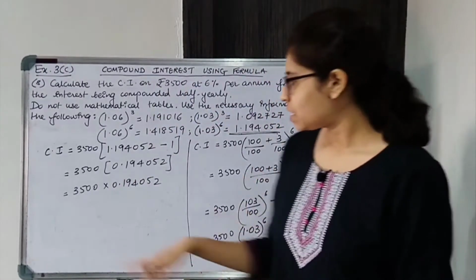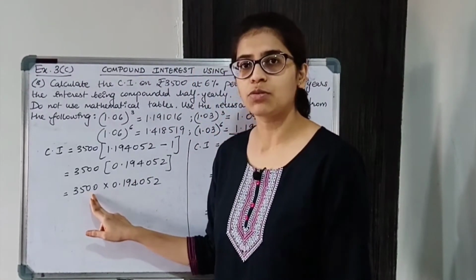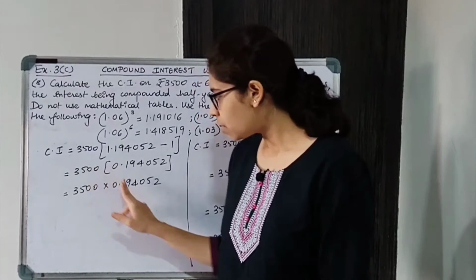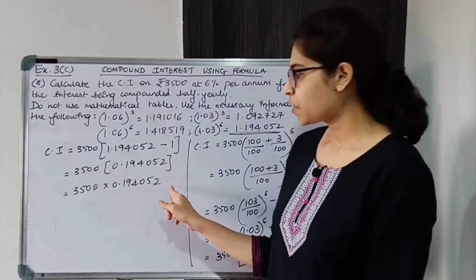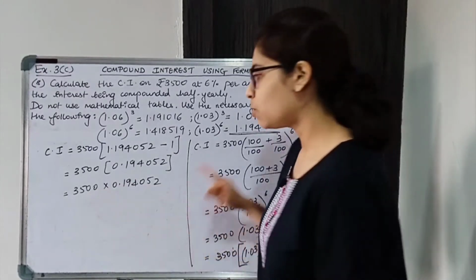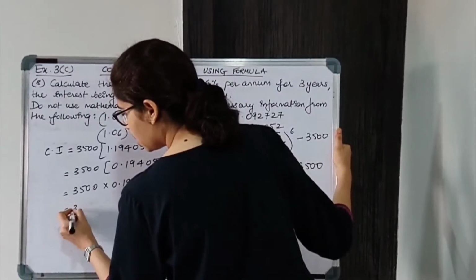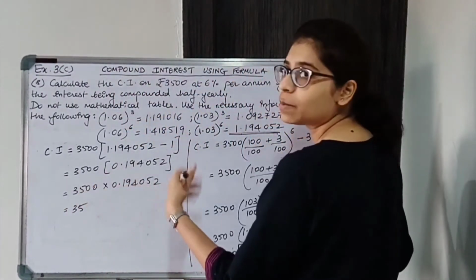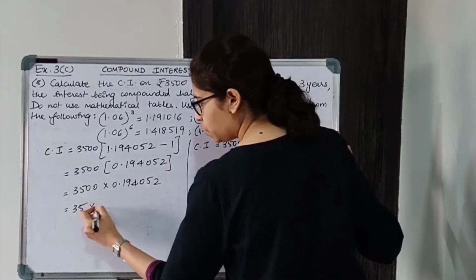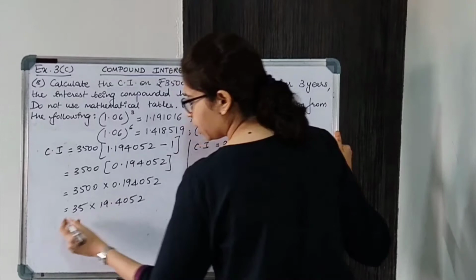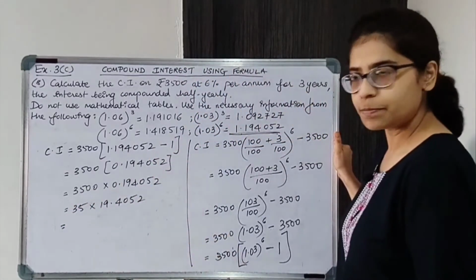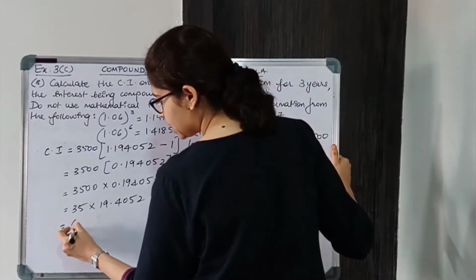What you can do is, here there are 2 zeros, so you can apply that over here and shift the decimal 2 places to the right. Okay, so if you shift the zeros, that is basically taking 100 out from here and multiplying the 100 over here, so it will become 19.4052.